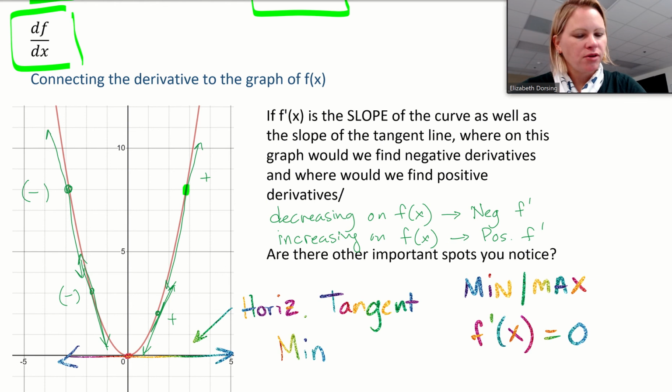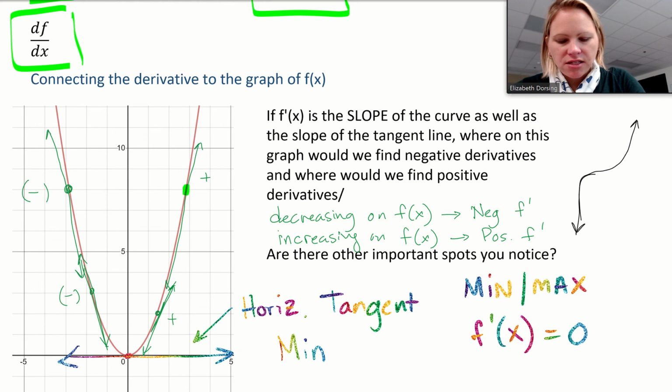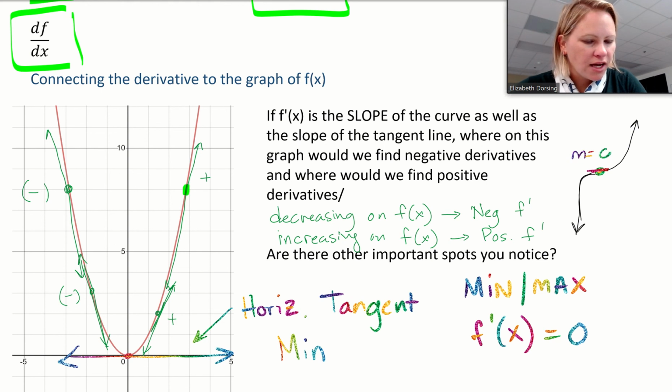So for example, if I go over here and I make a sketch of a graph that looks like this, and I tell you that right here at this very center point the tangent is a horizontal line and the derivative is 0. But is this a maximum or a minimum? Clearly it's not.